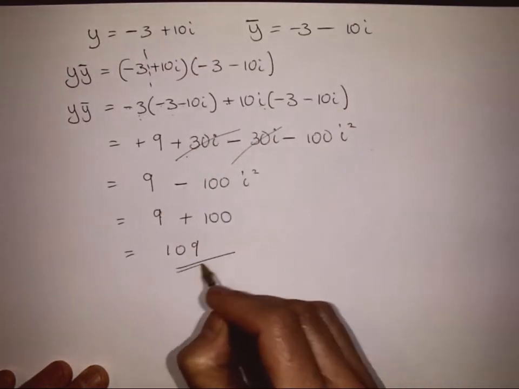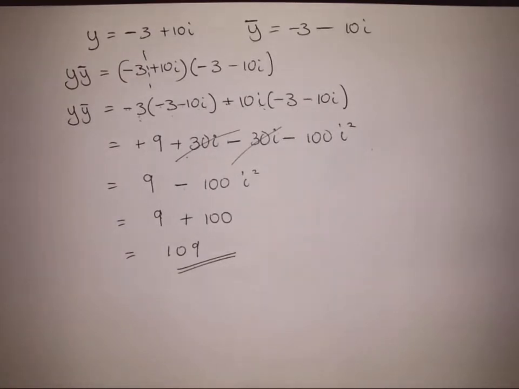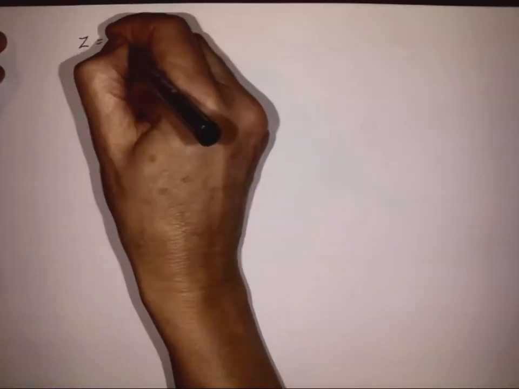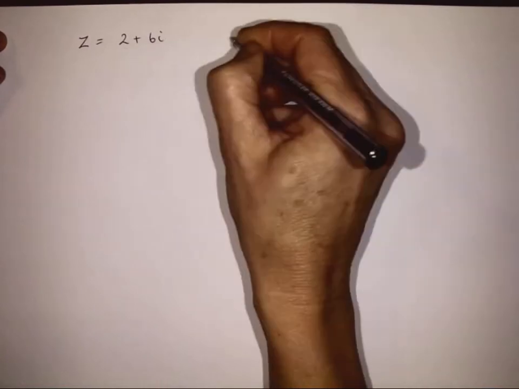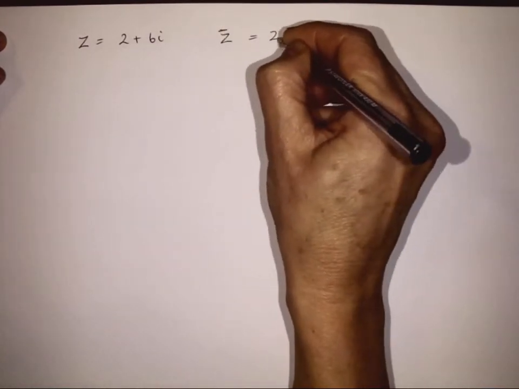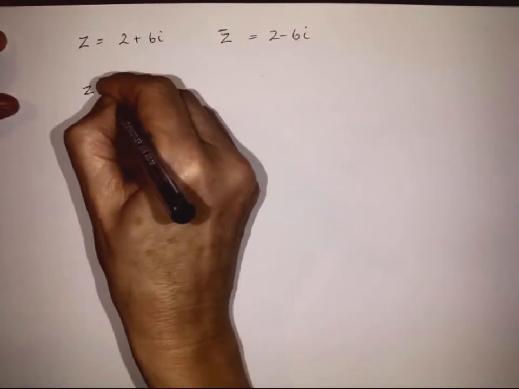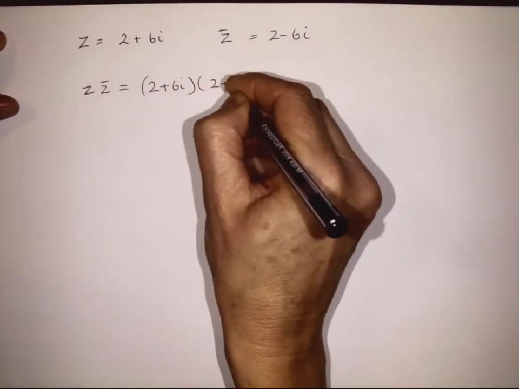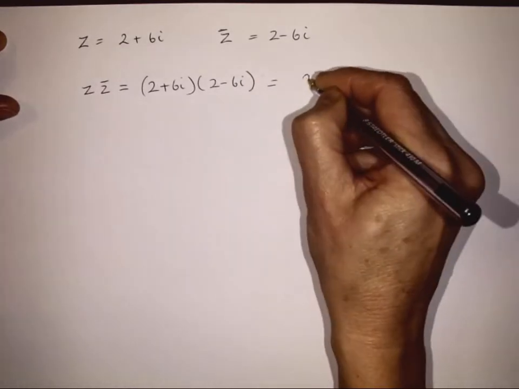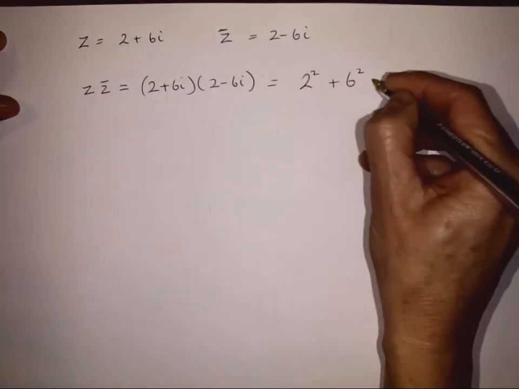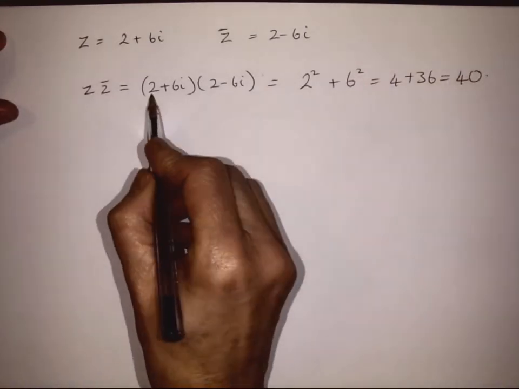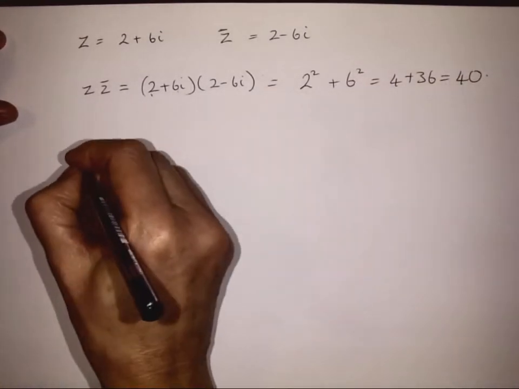Right, let's do a couple the quick way. So if I had, say, another z, which is 2 plus 6i, then its conjugate is going to be 2 minus 6i. So z times z bar will be 2 plus 6i times 2 minus 6i, which is 2 squared plus 6 squared, which is 4 plus 36, which is 40. 2 squared, 6 squared. So we have another one, say w equals minus 3 minus 2i.